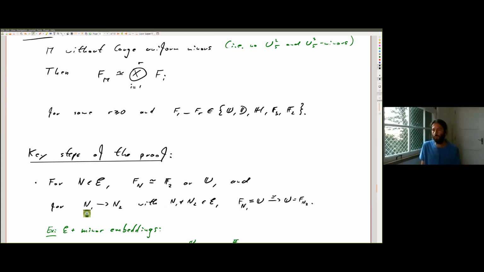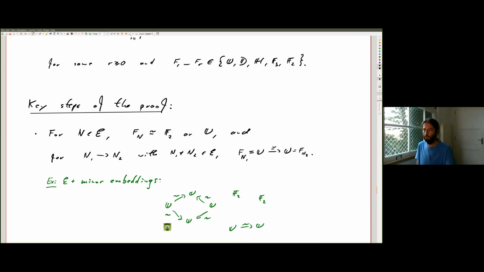So whenever we have a morphism from N1 to N2 for 2 minors N1 and N2 in the family which are not equal, then this must be a morphism from U to U. And every morphism from U to U has to be an isomorphism, which you can check easily. So our system of embedded minors and minor embeddings leads to a diagram of foundations of the following type.